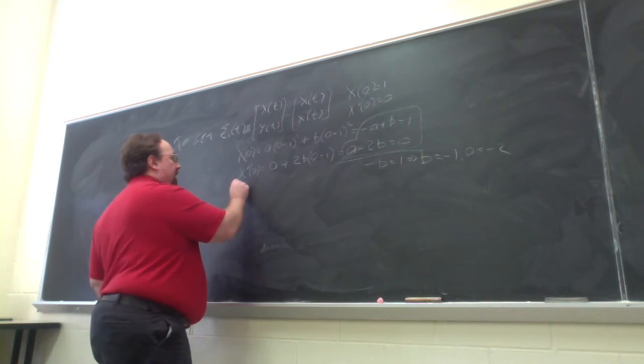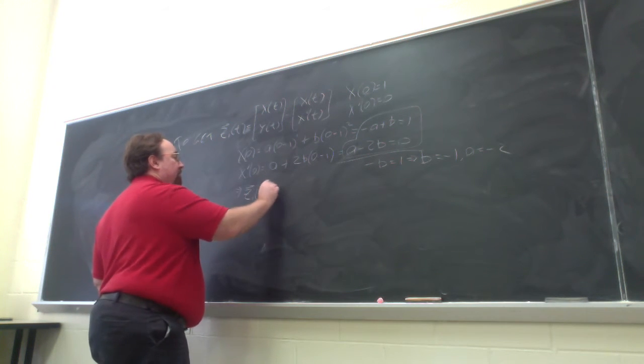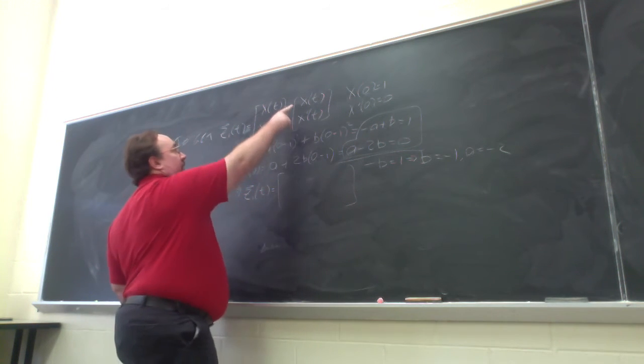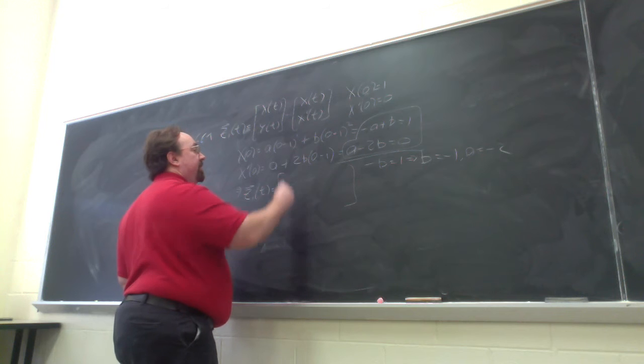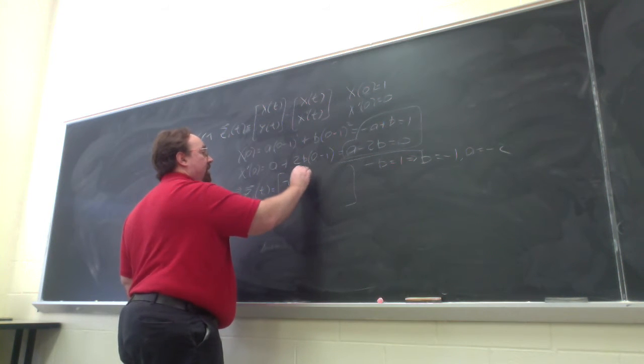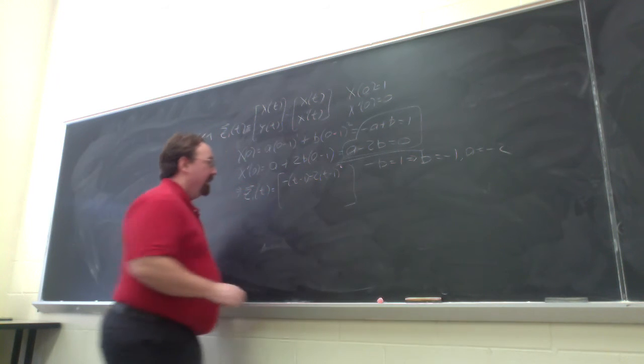So z1 of t, our first column, is x of t, which is minus 2 times t minus 1, minus t minus 1 squared.